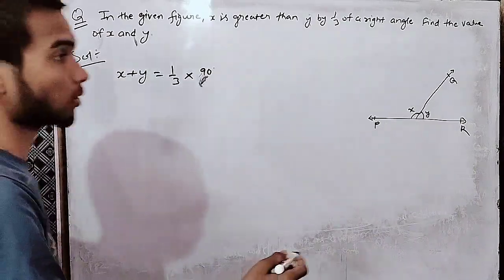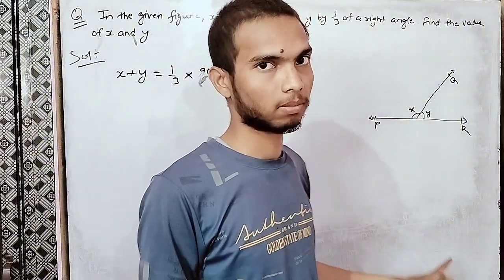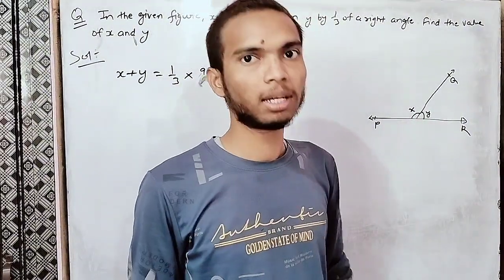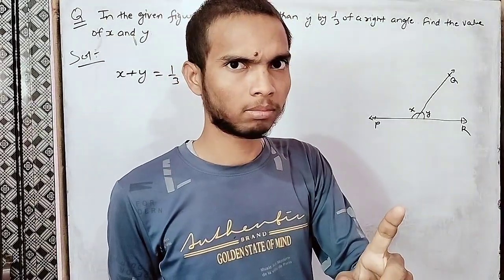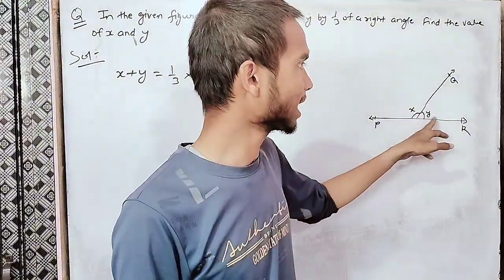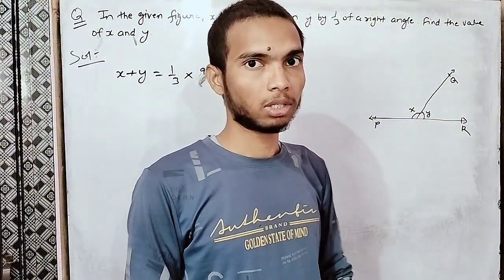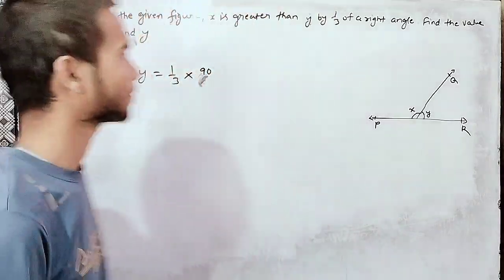We already know this is a linear pair. This line is making 180 degrees, and here we also have a point. The sum of this angle and this angle is 180 degrees.